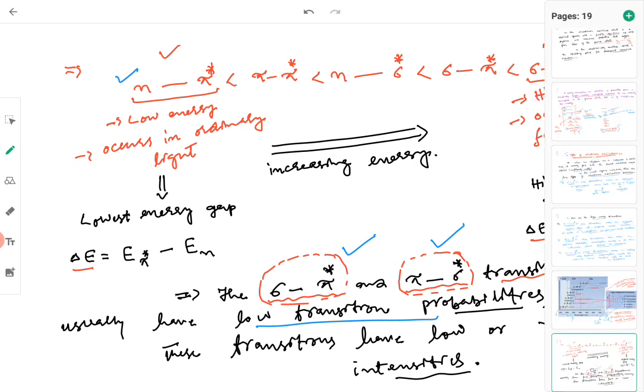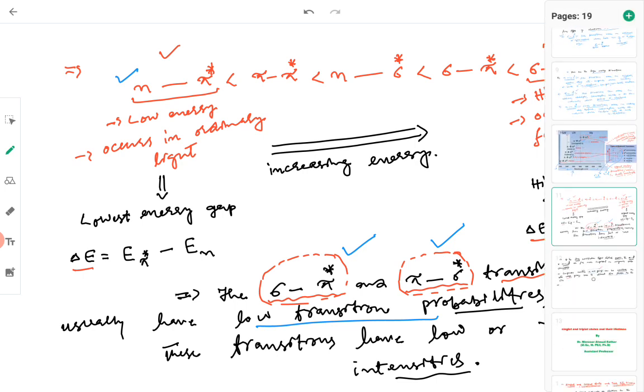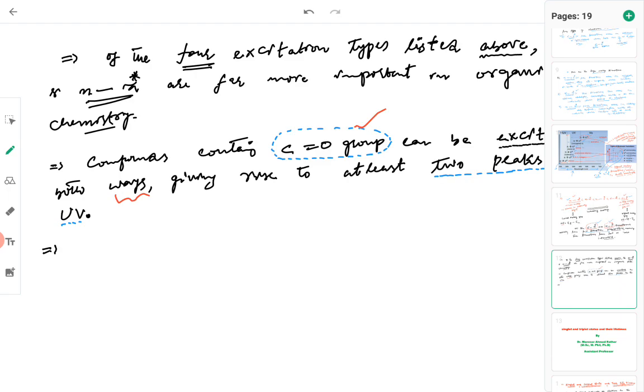So as a result, these transitions are not so important in organic photochemistry.